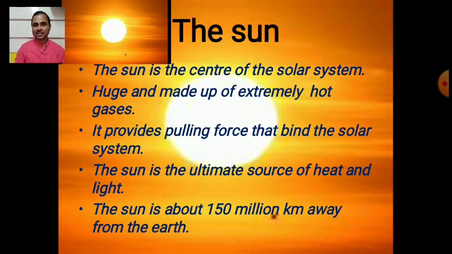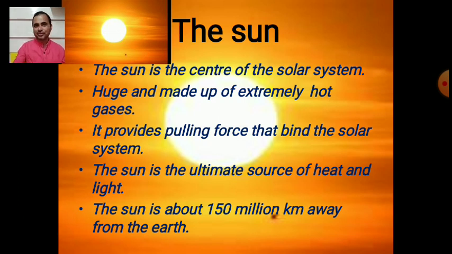Pulling force means, have you seen a magnet? If you place a magnet near any metallic object, then what happens? It pulls that object, yes or no? In the same way, the Sun also has a kind of pulling force, and that pulling force binds the whole solar system and its various planets.